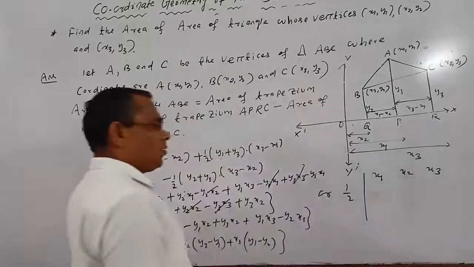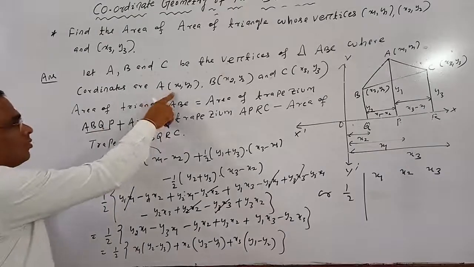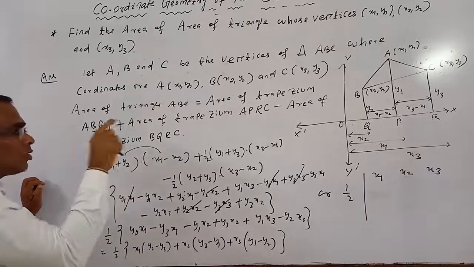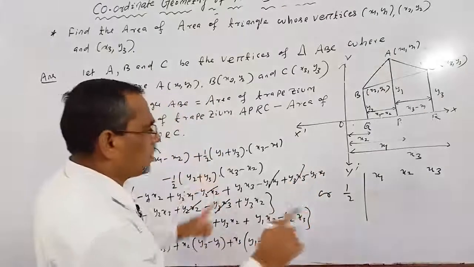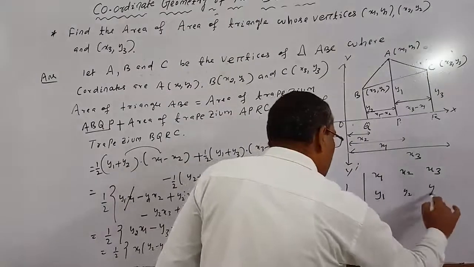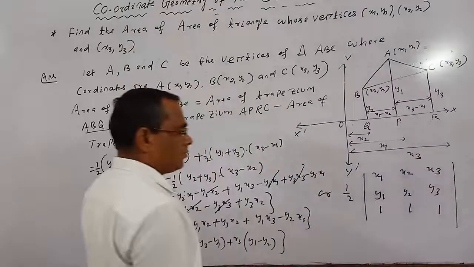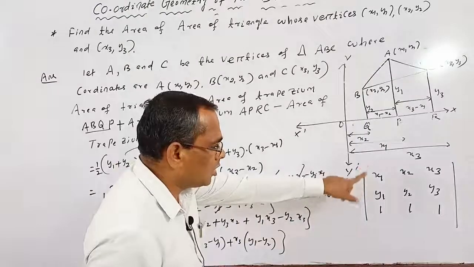First we write the x coordinates of the vertices in the first row, then we write the y coordinates in the second row. This is y1 y2 y3, next the remaining row 1 1 1. So this is a third order determinant because it has three rows.